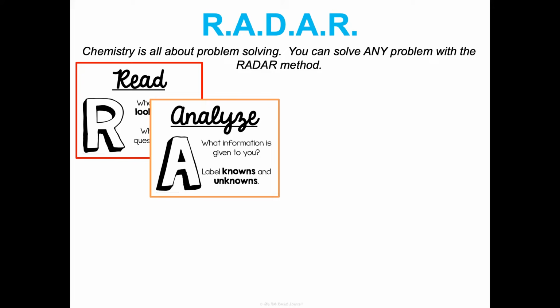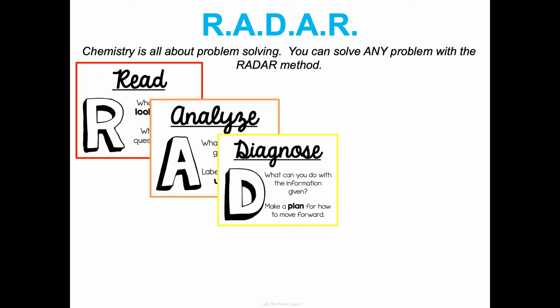Then you're going to analyze. What information did we get? We're going to write our knowns and our unknowns. Okay, what numbers do we know? Let's label those. What numbers are we trying to figure out? What do we not know? Let's label those. Then you're going to diagnose. What can you do with this information you have? Let's make a plan. Let's find an equation that works with the values that we know and don't know and are trying to figure out.